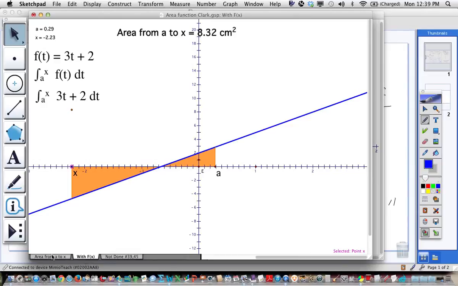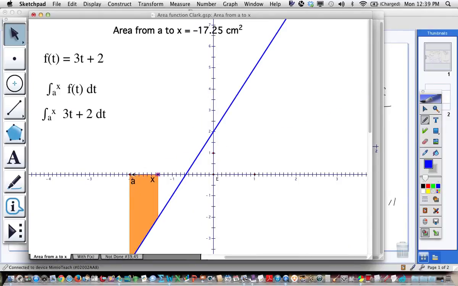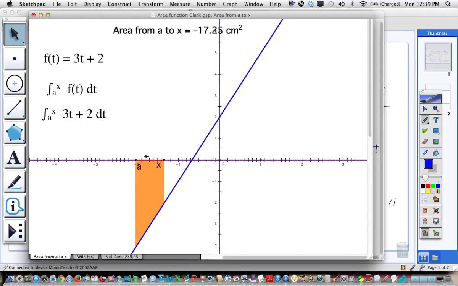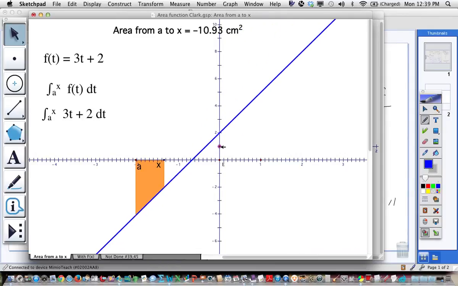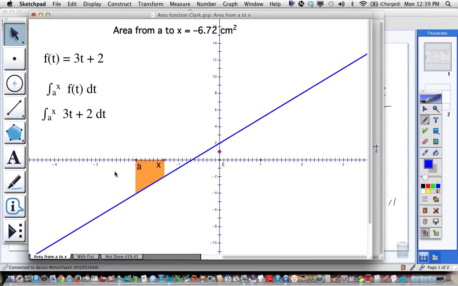Hang on here a second. Let me switch to this one. Okay, when A is over here, and I slide x to the right, I've got some negative area, and I'm picking up negative area, picking up more negative area.